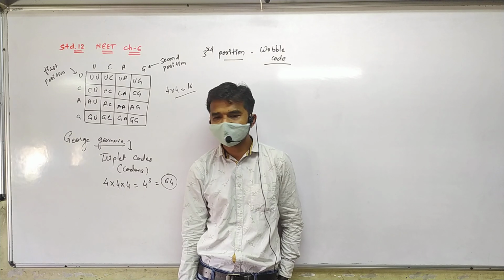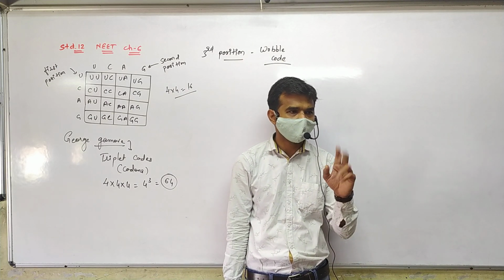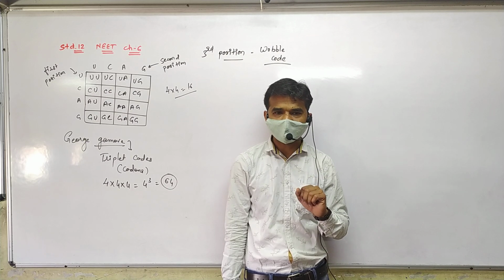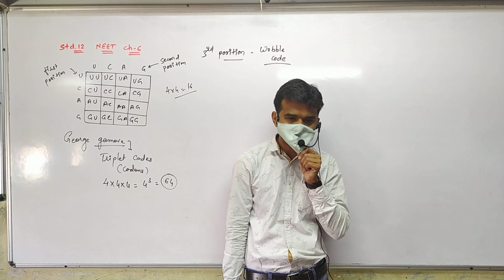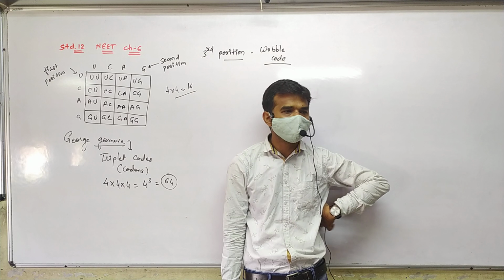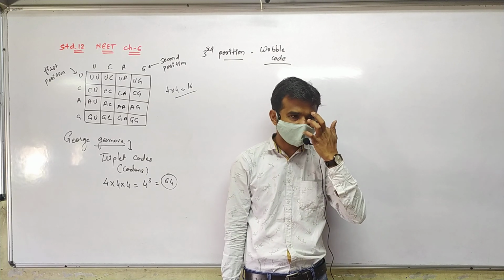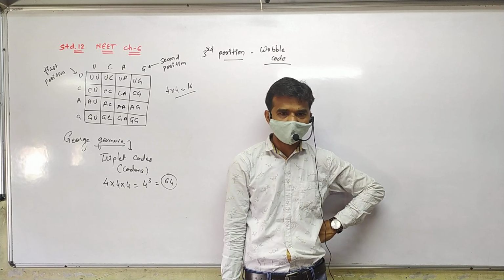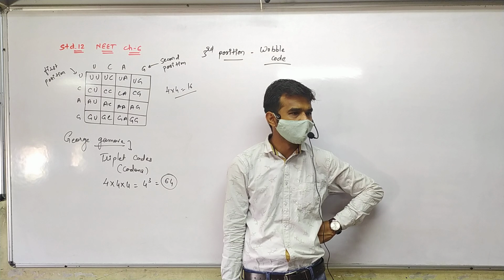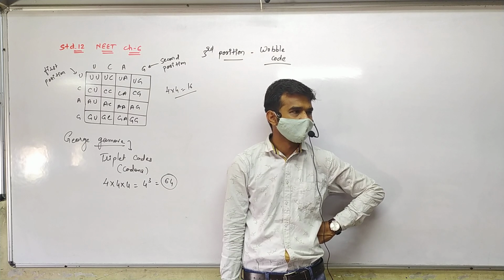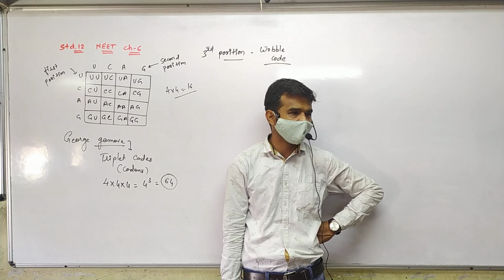There are a total of 64 codons, but for 20 amino acids, 61 codons are there, because 3 codons are stop codons. The stop codons are UAA, UAG, and UGA.